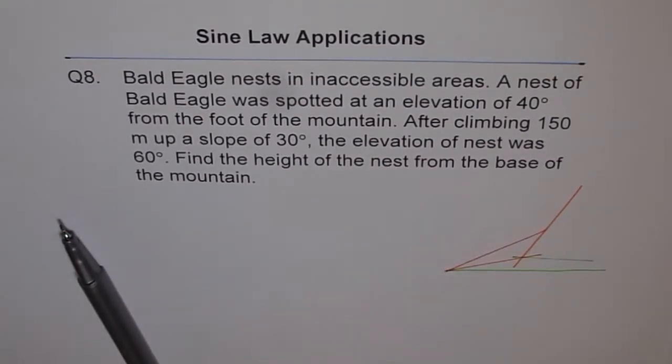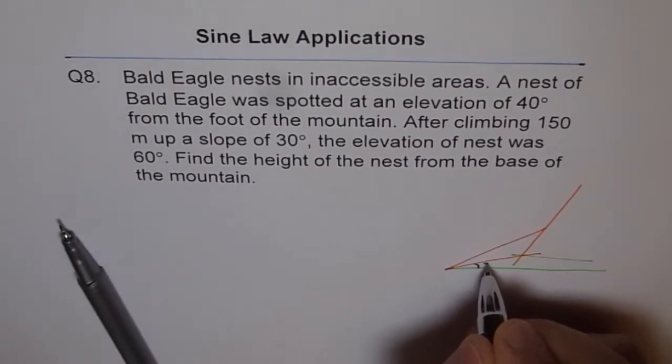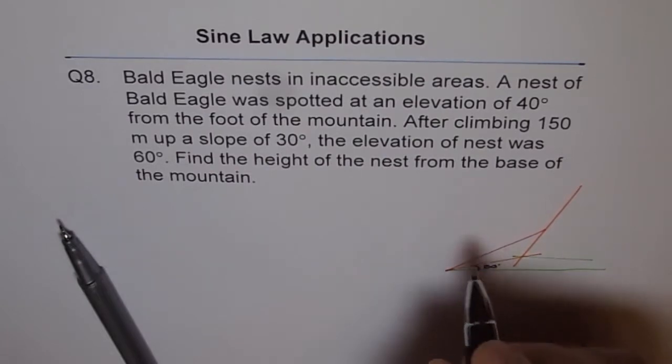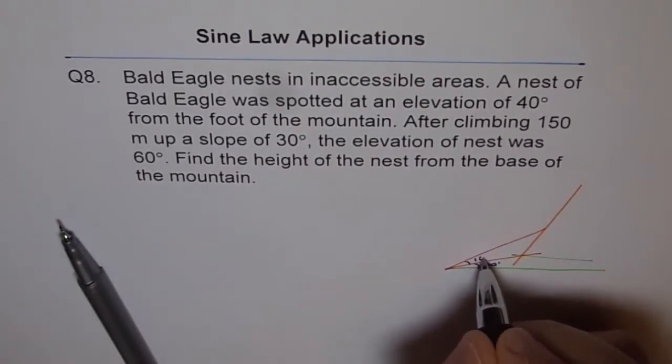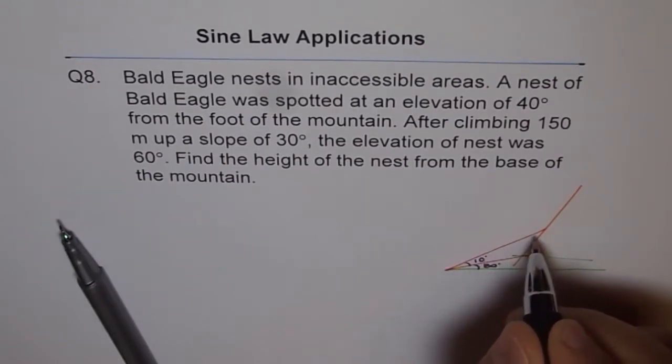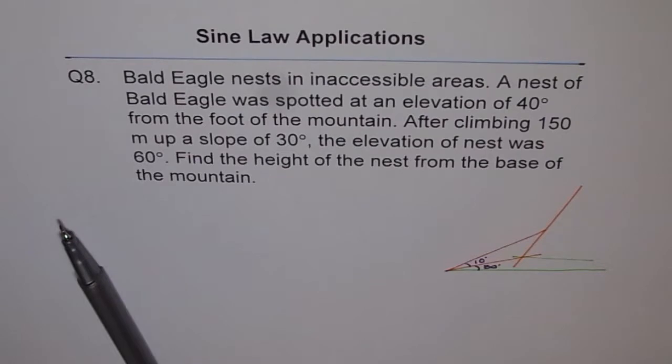That's kind of our diagram. Let me write down this as 30 degrees. That is a slope of 30 degrees, and that is 40. That means we are left with 10 here. 30 plus 10 is 40 degrees, the angle of elevation to the top of the tree.